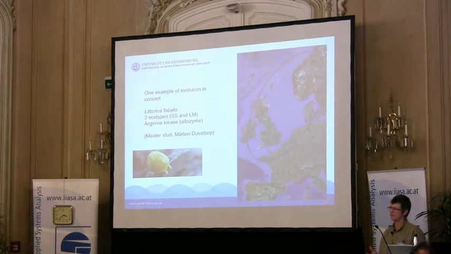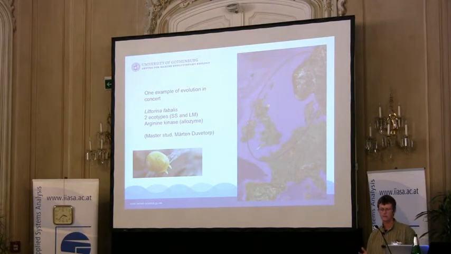Both these ecotypes are found all over northwest Europe. Over the UK and Sweden and Norway, and along the coast of France, you can find these two ecotypes side by side. As for Littorina saxatilis, they occupy slightly different microhabitats of the shore.